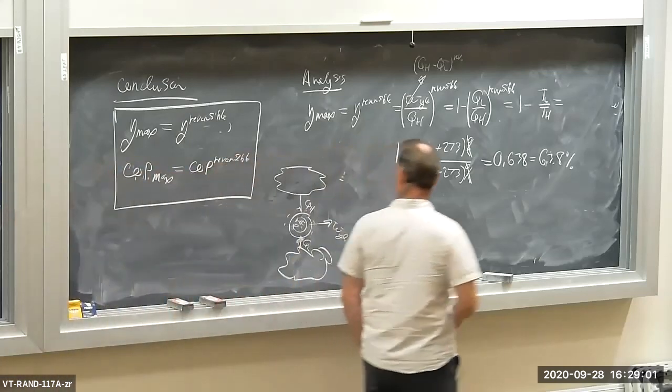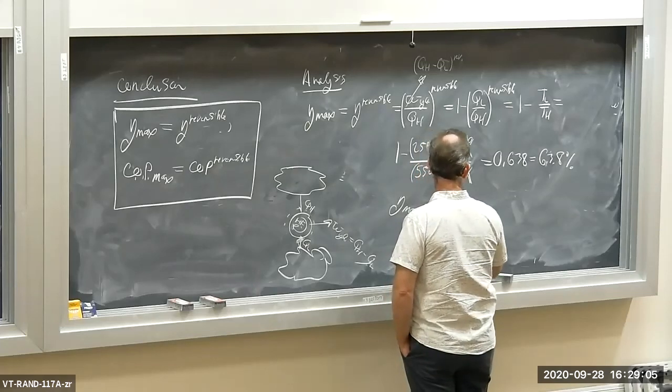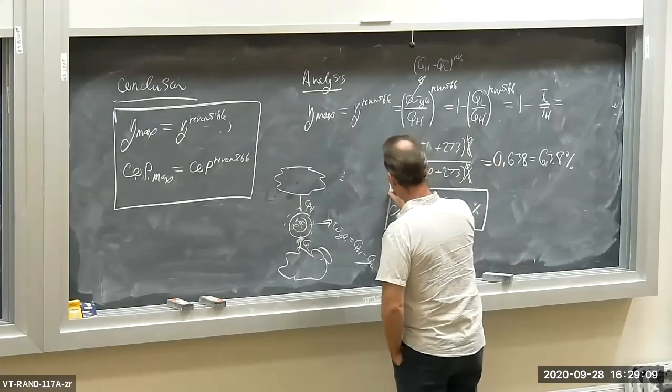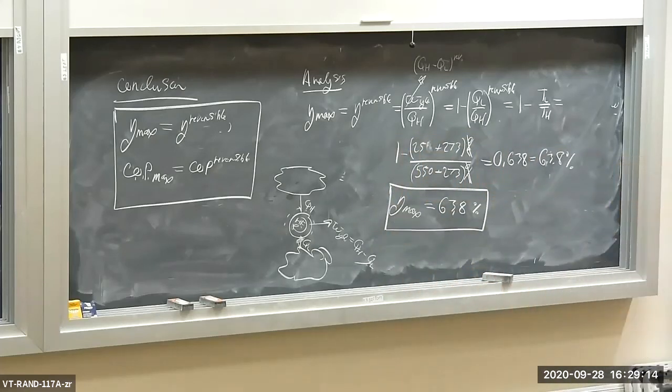the maximum possible efficiency is 63.8%. As an engineer at General Motors, you better know that. Don't try to make a heat engine, an internal combustion engine, a diesel engine, a gas turbine, any of it.